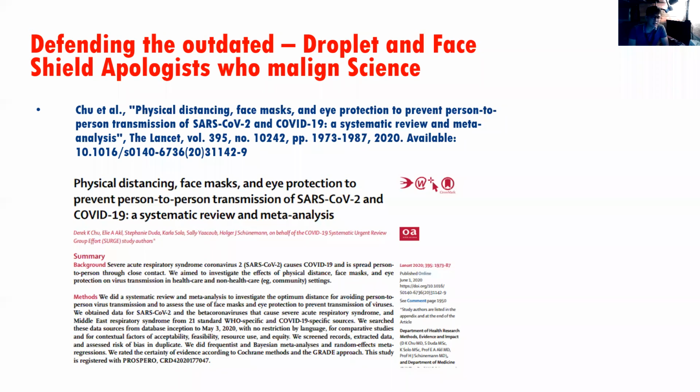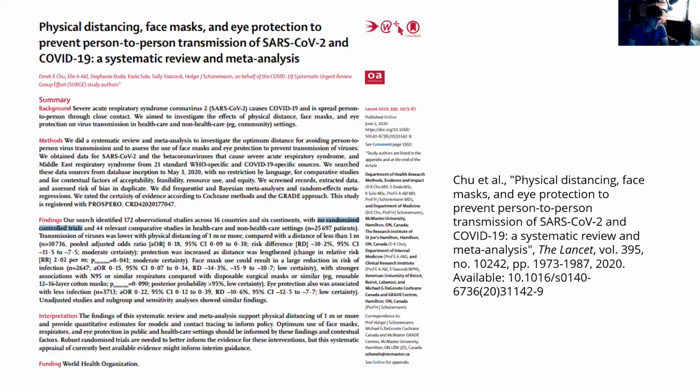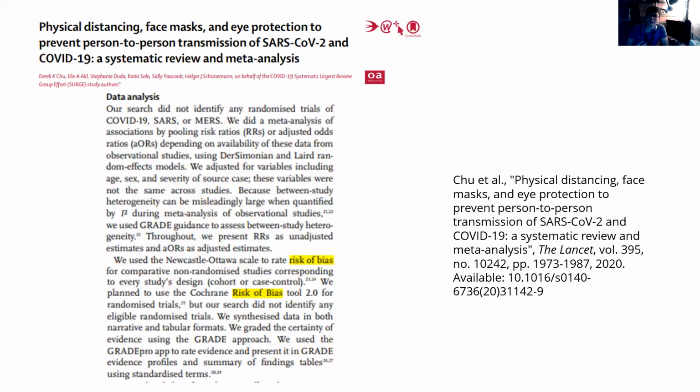Since this is a meta-analysis, they compiled many studies, including randomized controlled trials. To evaluate whether these data are viable to be counted as a randomized controlled trial, they evaluated what's called the risk of bias.